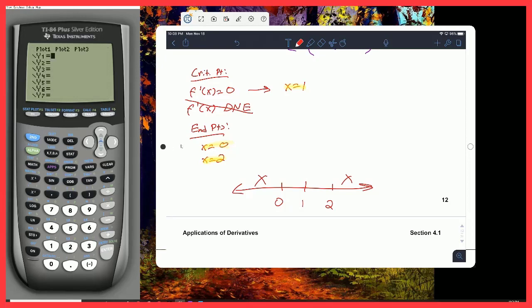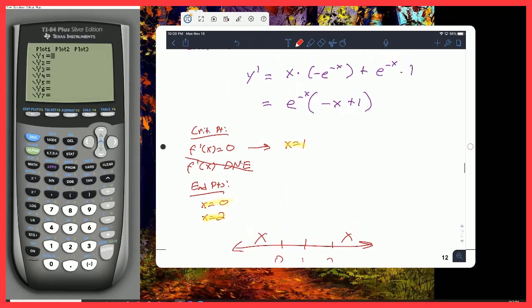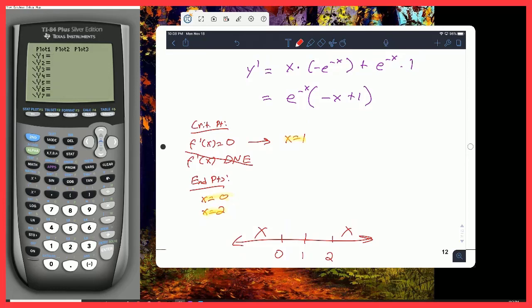So I need the derivative. The derivative, which I factored, is e raised to the negative x, times parentheses, negative x plus 1. All right, and I need to do a table set, start at 0 and go up by 1s.